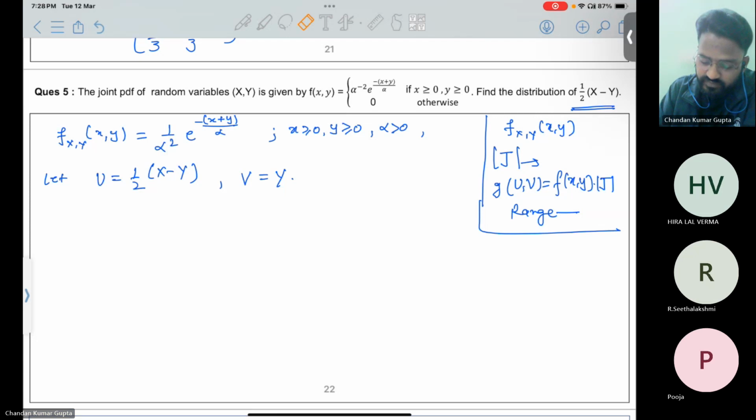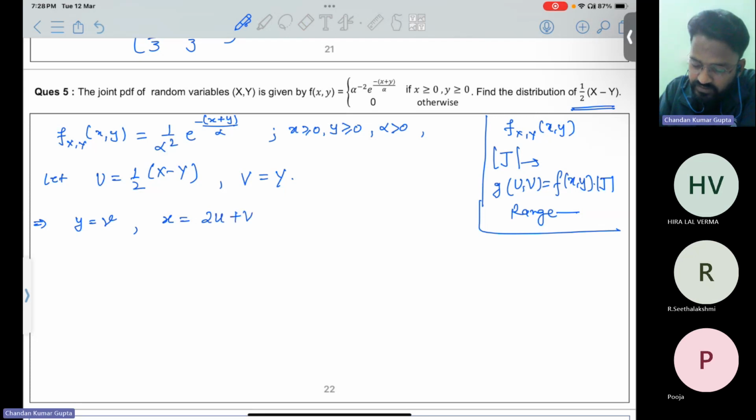From here, the transformation equations will be y equal to v and x equal to 2u plus v.